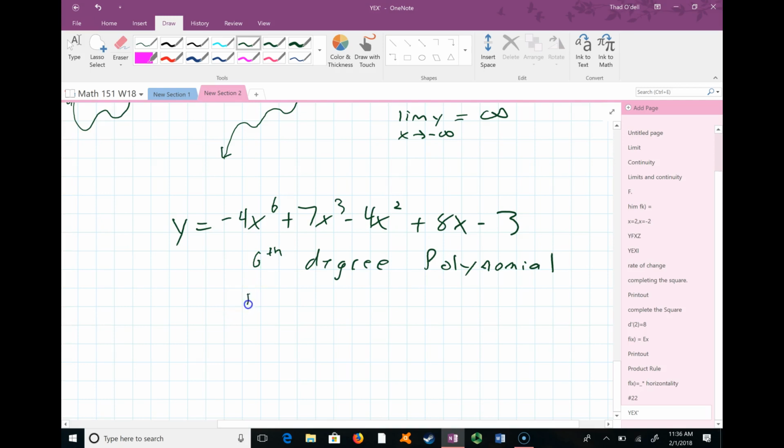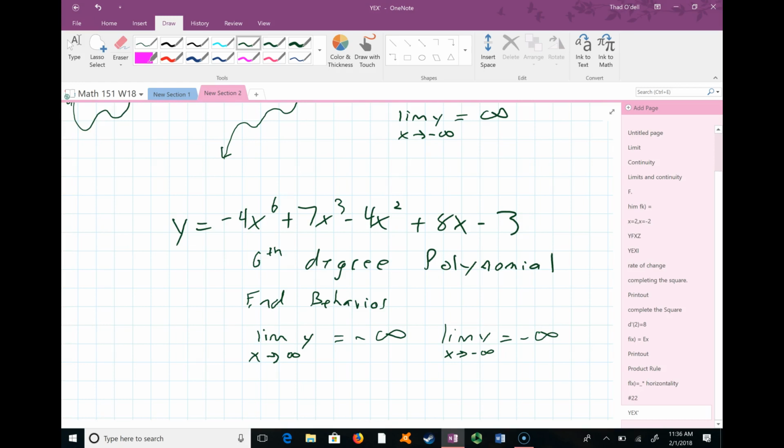So if I could jump right to end behavior now, the limit of y as x approaches positive infinity: as I go out to the right, this thing is going to be going down. And the limit of y as x approaches negative infinity: as I go out to the left, it's also going to be going down, because in the end it's behaving just like a negative-coefficient parabola.